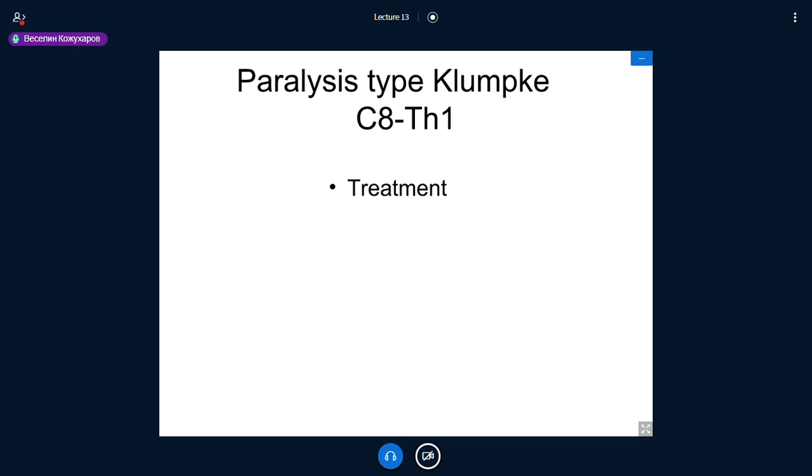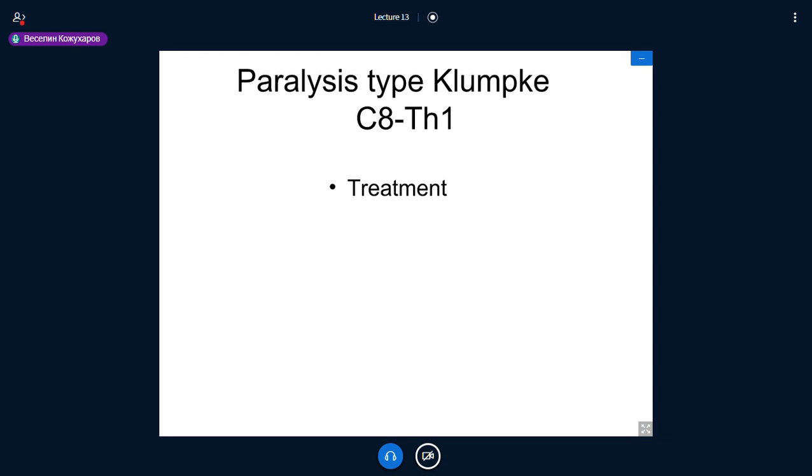And then neurosurgery, if it is possible. It's microneurosurgery, which is not conventional for every hospital. There should be a specially trained neurosurgeon to perform this type of surgery.